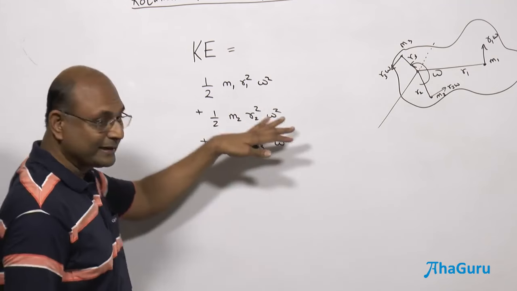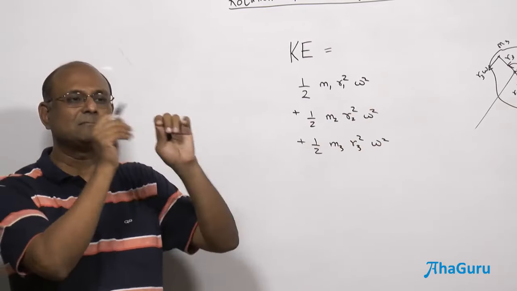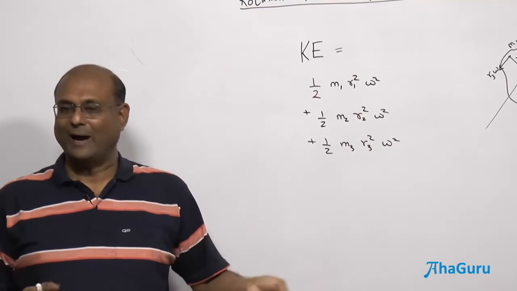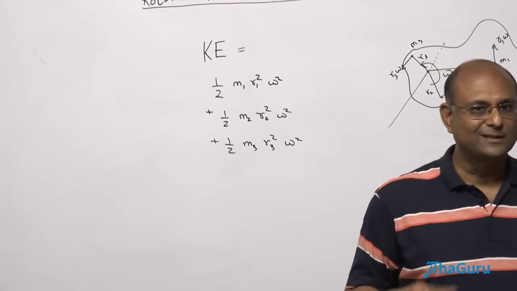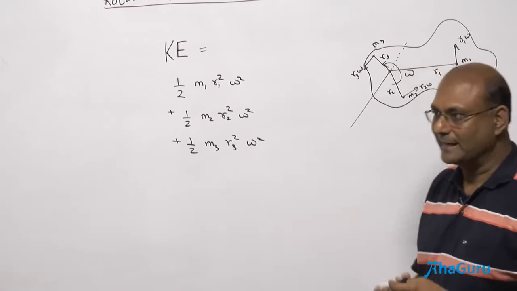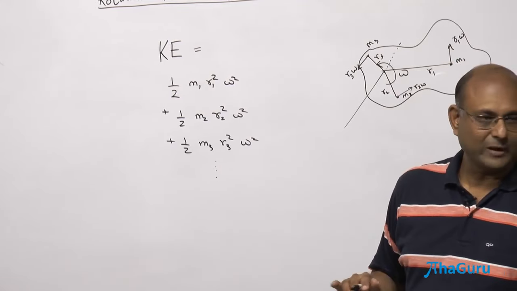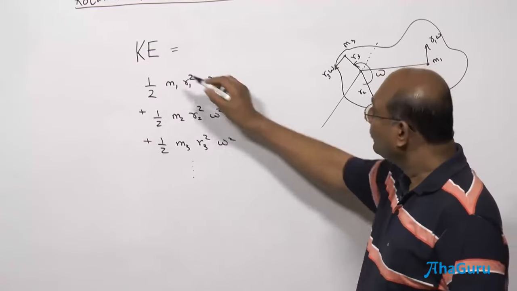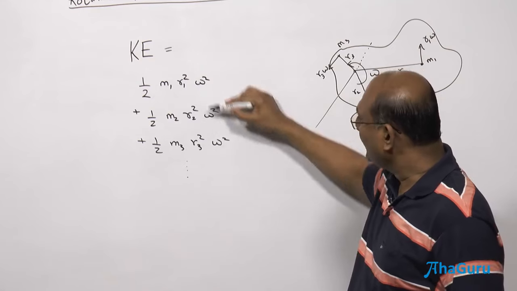Now we may be able to continue it like this with a finite number of particles. If it's an infinite number of particles, you'll have infinite such things to add. But that's not too difficult. By now I'm assuming you know how to add infinite series. So you're adding a whole bunch of things like this. Broadly, you'll probably do an integration. Okay, but at this stage, let's not worry about that. Look at what this looks like. Half is common. Omega square is common.